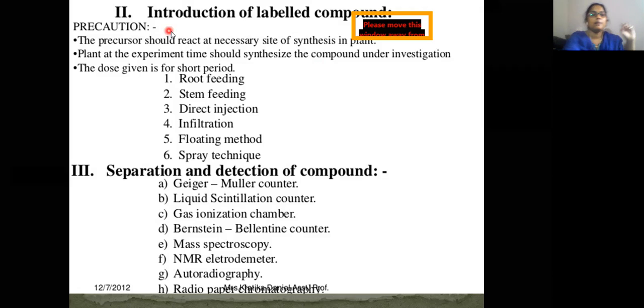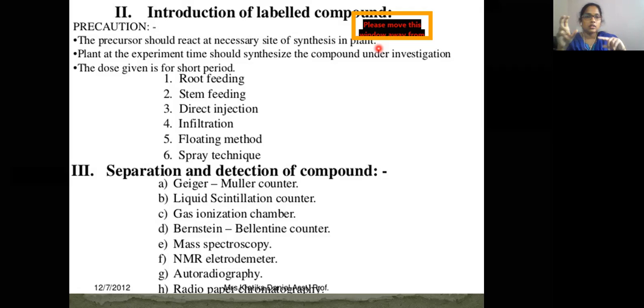Okay, so here the precursor should react at the necessary site of synthesis. First we have to identify the site and introduce this radio labeled compound into that particular site, right? Suppose I want to study the shikimic acid pathway, and assume that it is taking place in the stems. If I introduce this radio labeled compound into the root, what happens, right?